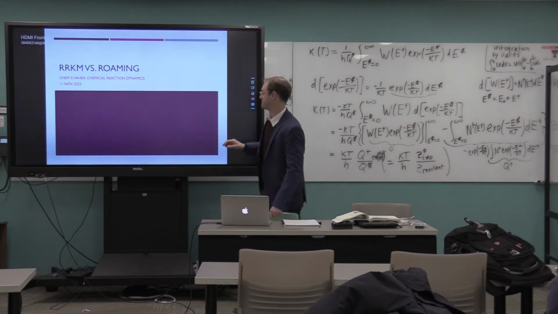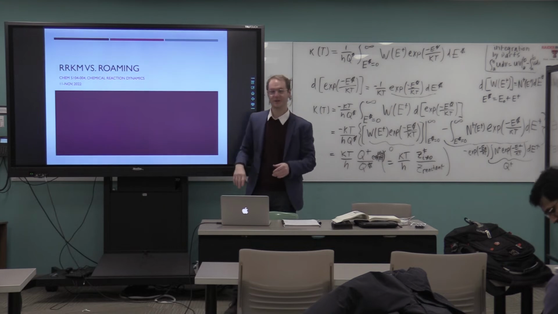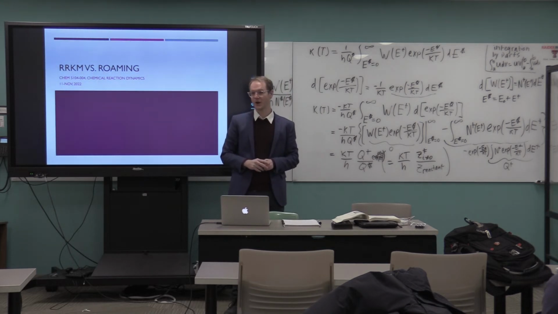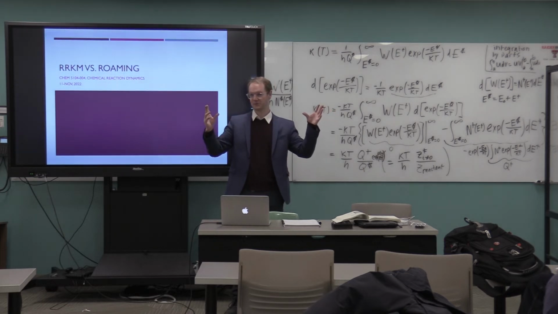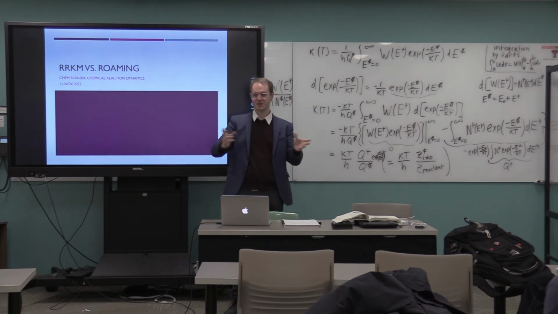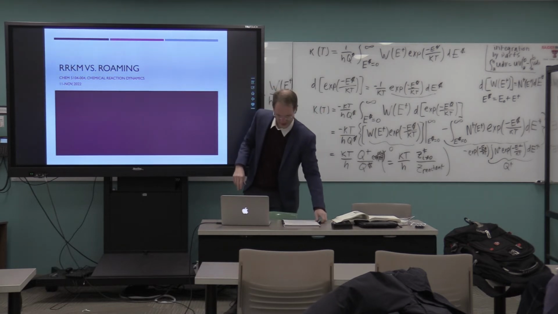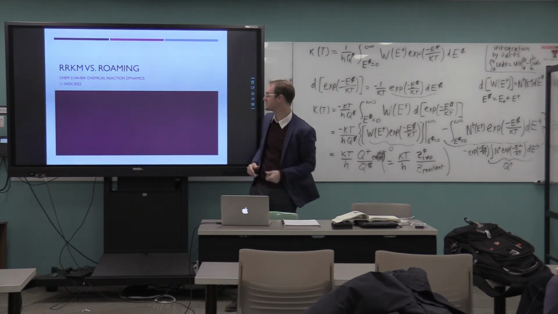Okay, so I've told you all about RRKM theory. One thing that we mentioned earlier in the chapter was that RRKM theory assumes that intramolecular vibrational energy redistribution, IVR, is infinitely fast, and that you're really sampling a statistical distribution of vibrational configurations.